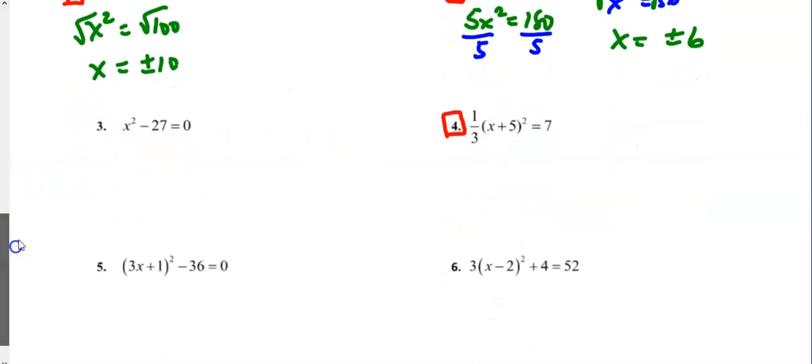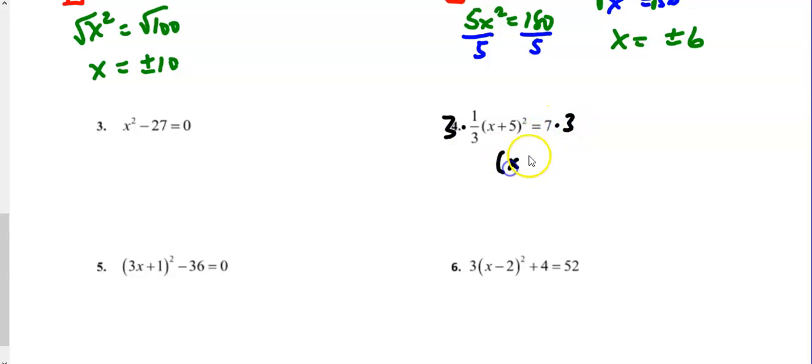Now, 4 is slightly different than what we're accustomed to because it's a quantity squared, but our process is not going to change. We're still going to isolate it. So the first thing we're going to do is multiply both sides by 3, because that's the reciprocal of 1/3.